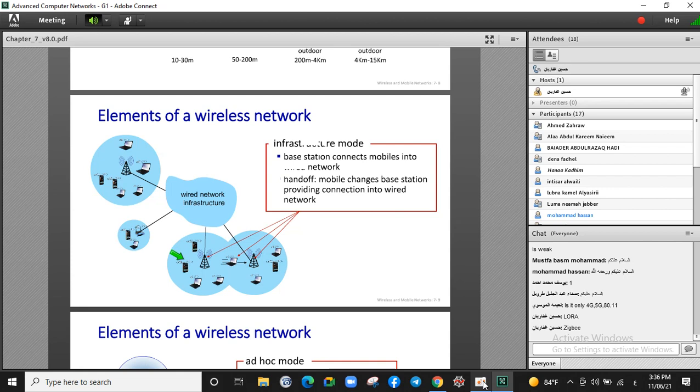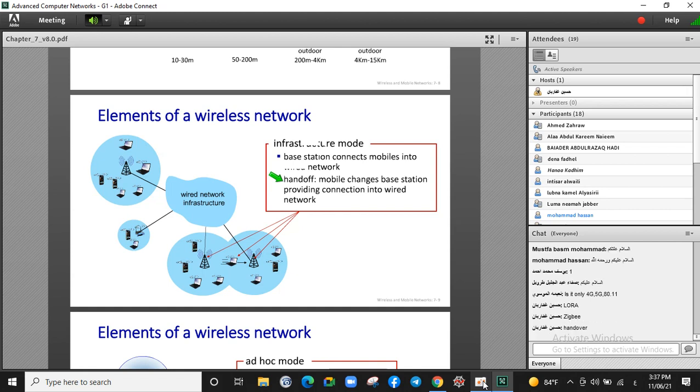Firstly, they have to connect to the base station, and then start to communicate with other parties through that base station. And in this case, we have a special phrase, handoff or handover.